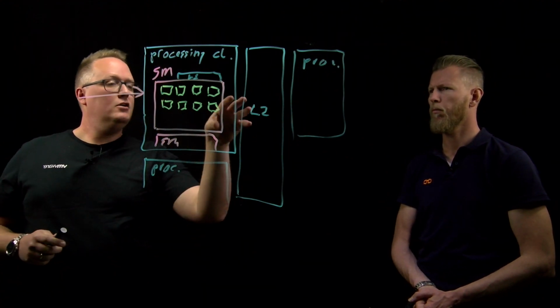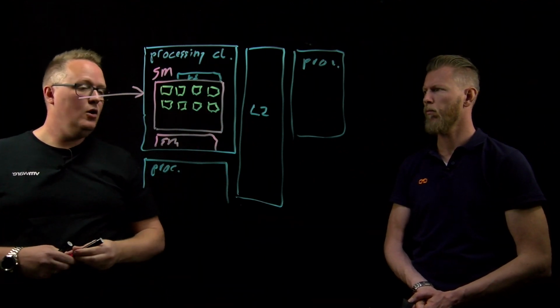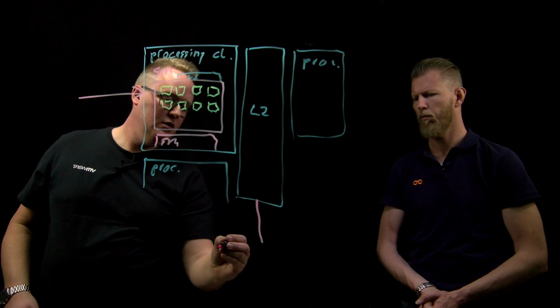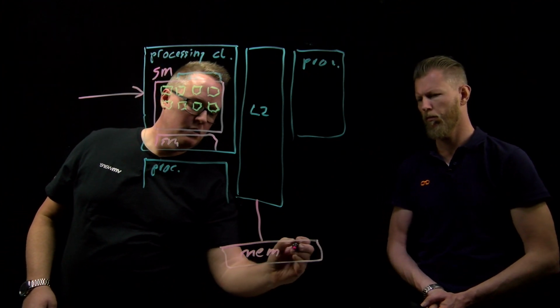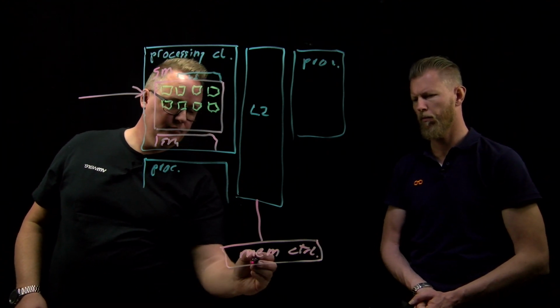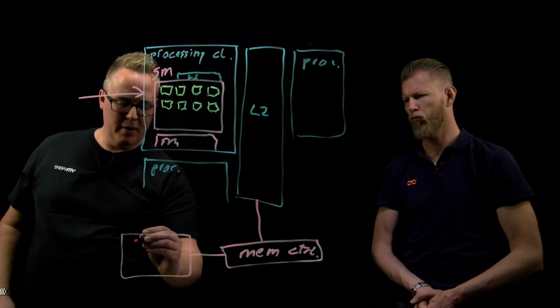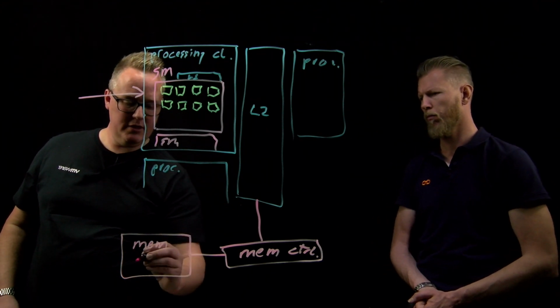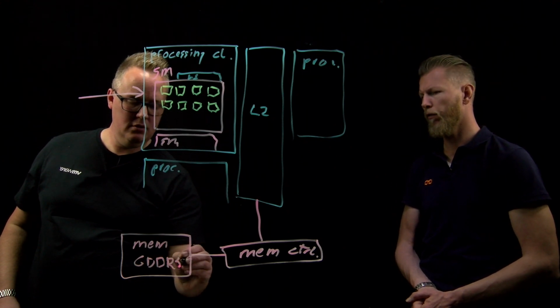And when data is not found in either the layer 1 or layer 2 cache, it will then go to the memory controller and to the global memory, which, if I remember correctly, is DDR5.